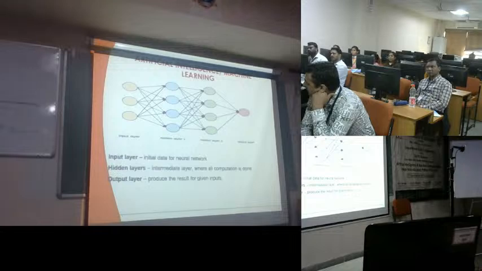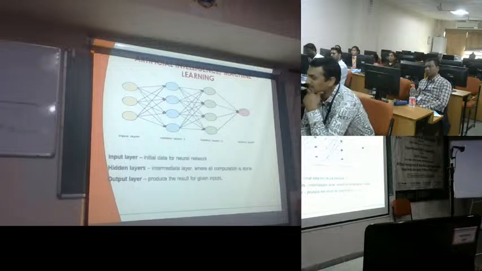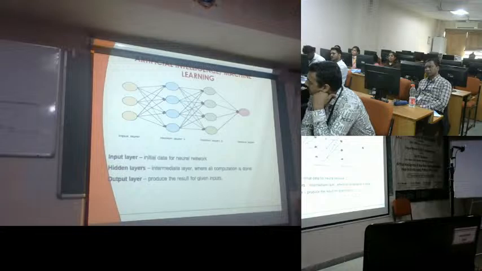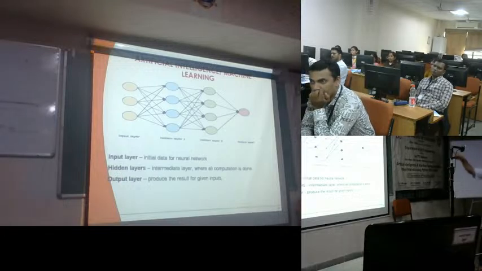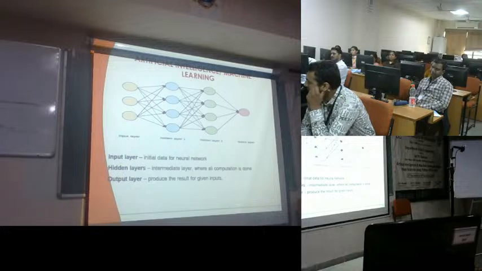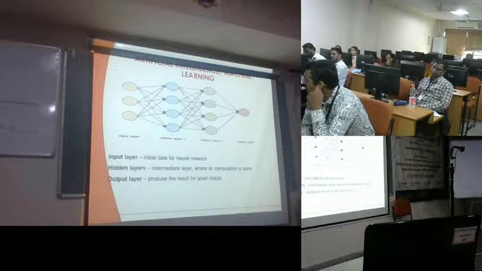Daily thousands of neurons are born and thousands of neurons are dying. Dying means whatever memory it was containing is going off, but not completely, because it is connected to other networks as well. So the effect will keep on vanishing gradually, because it is a network of neurons. Every neuron is connected with every neuron, so all the memories are basically shared with each other.